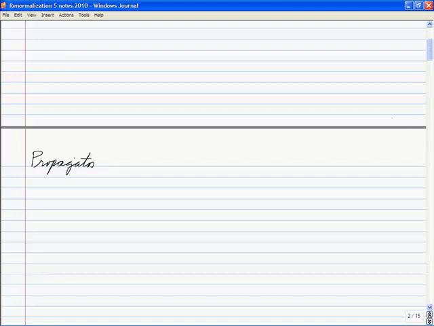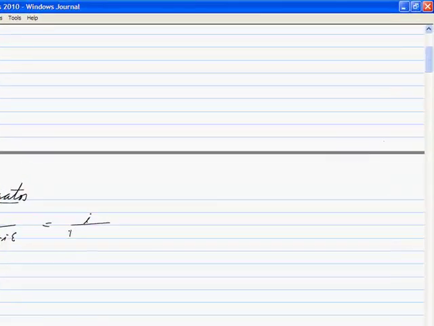Okay. So when we have some place where we're using the propagator, you know, the propagator looks like I over p squared minus m squared plus I epsilon. There's a couple things in that.